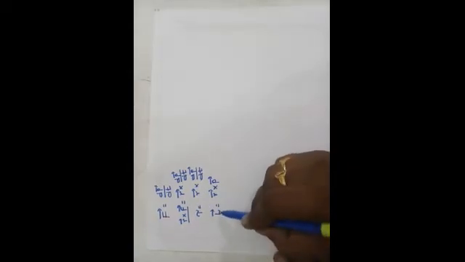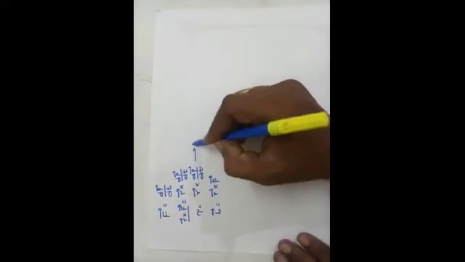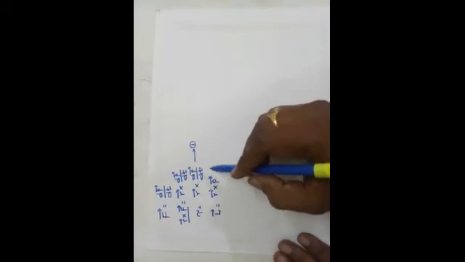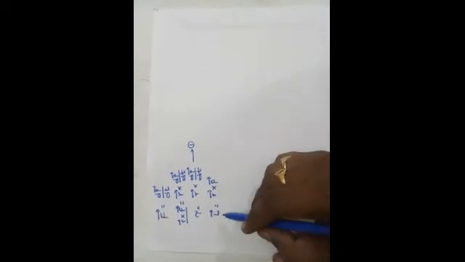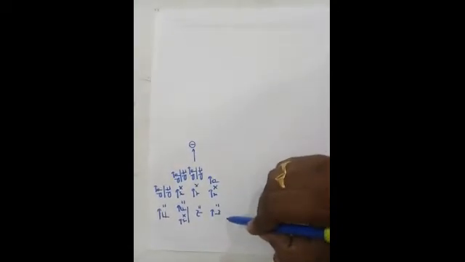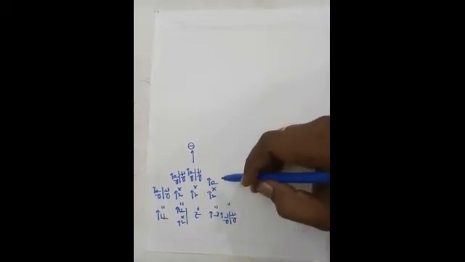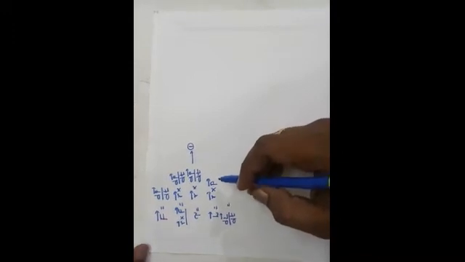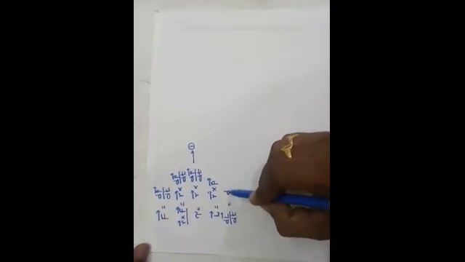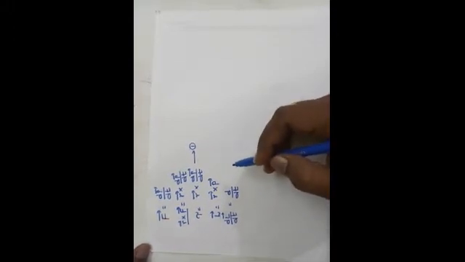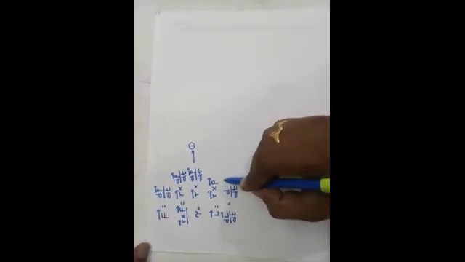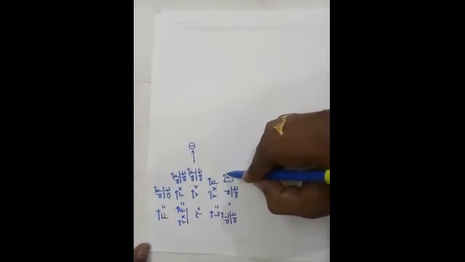Now let us differentiate this equation. Assume this is equation number 1. Differentiating with respect to t, we get dL bar by dt equal to d by dt of r bar cross p bar.